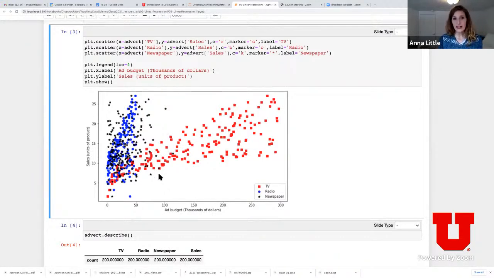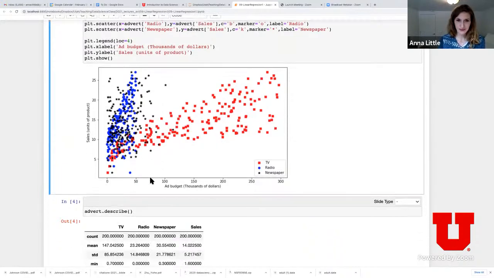Spending money looks to be at least a little bit helpful for everything. You notice at least a weak positive trend: as you increase the amount of money that you spend, you also increase your sales for all three of these media. For newspaper, it looks more like a blob, which may be a little less clear.